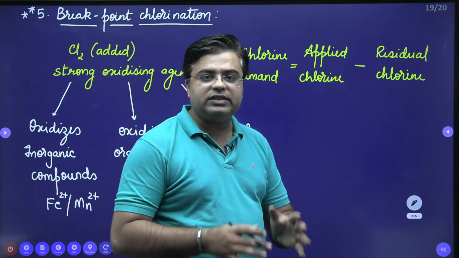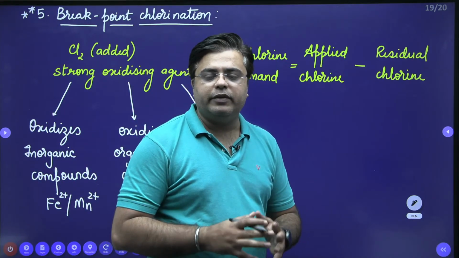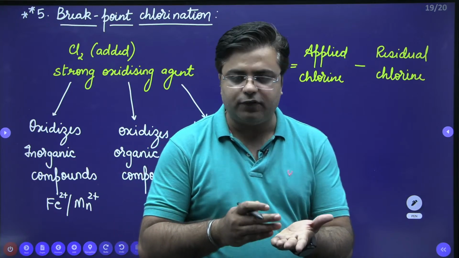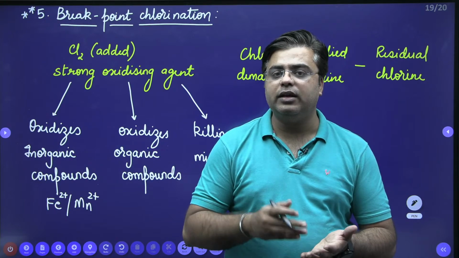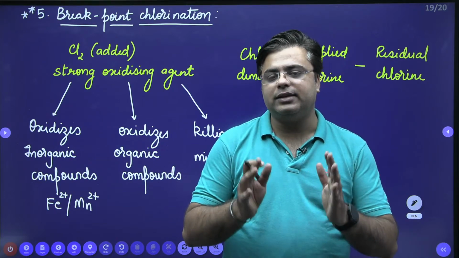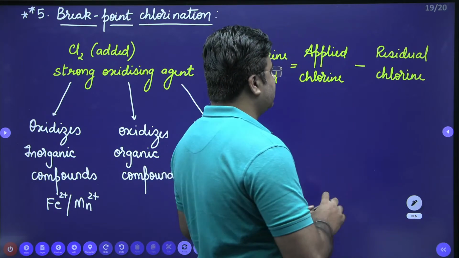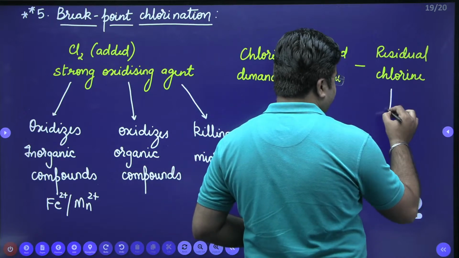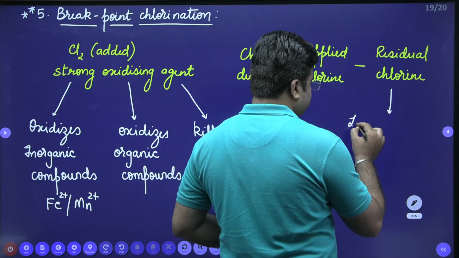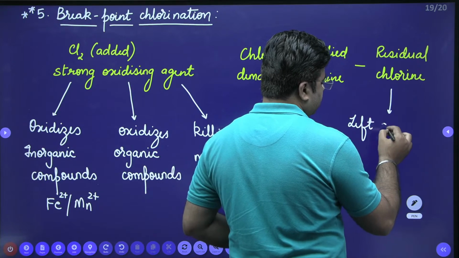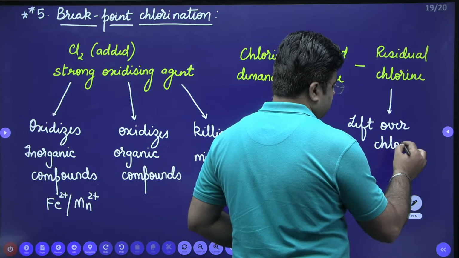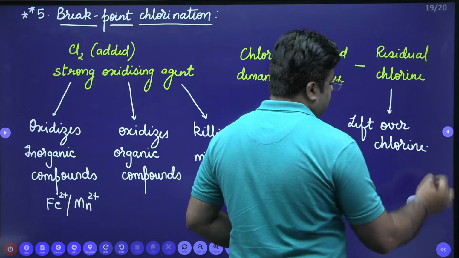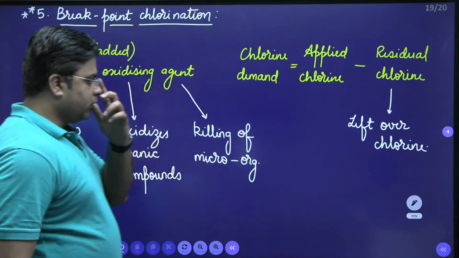Residual chlorine is the leftover chlorine which is left after oxidation of inorganic compound is done, oxidation of organic compound is done, and killing of microorganisms is done. So this residual chlorine is nothing but the leftover chlorine, right?